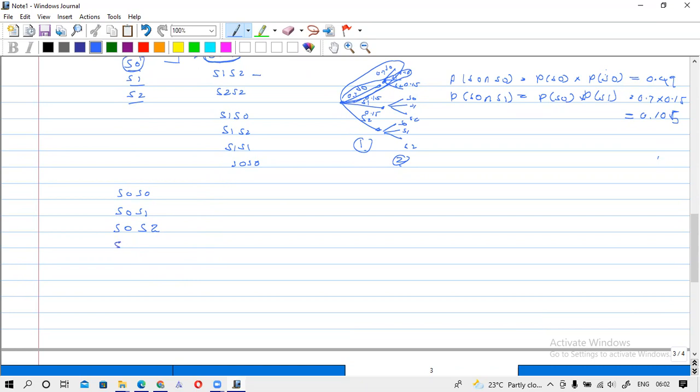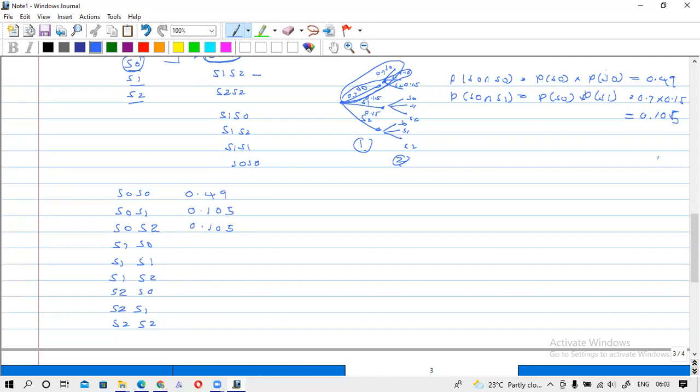Again we have S1 S0, S1 S1, S1 S2. And also if we first guess S2, then we have S2 S0, S2 S1, S2 S2. These are the combinations. So here it is 0.49, and here it is 0.105, and here it is 0.105 also.